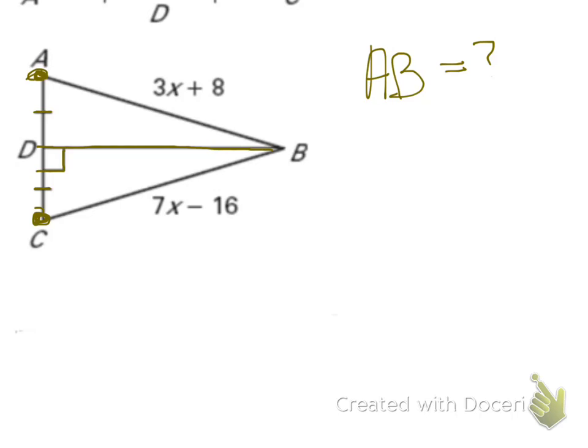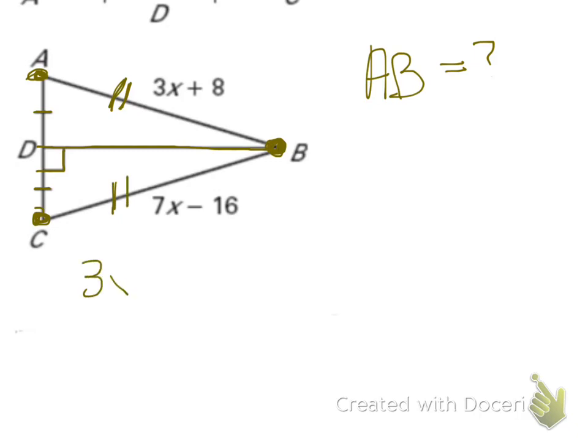Once segment AC is bisected perpendicularly, then any point on that perpendicular bisector, so a point would be B, will be equidistant from A and from C. So that means this part of the triangle has to equal this part of the triangle.